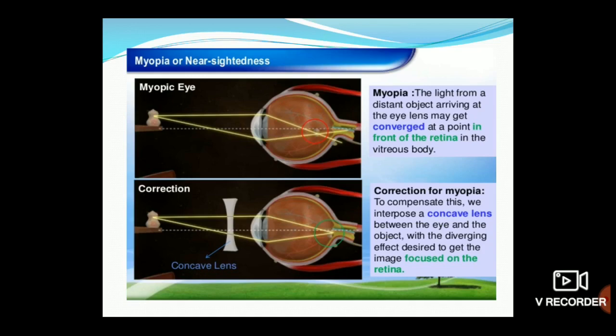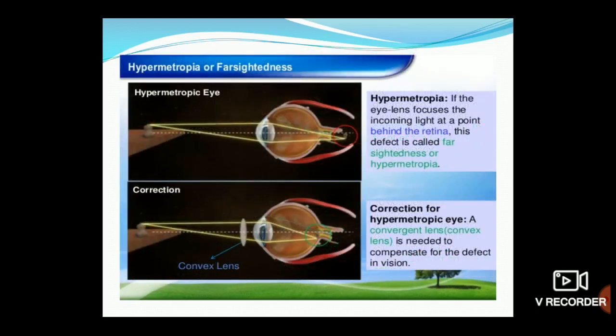Now we'll move to the second defect called hypermetropia. Here the other name for hypermetropia is farsightedness. It means a person can see far objects clearly but not the near objects. In this case, the light rays from a near object arriving at the eye lens get converged behind the retina.